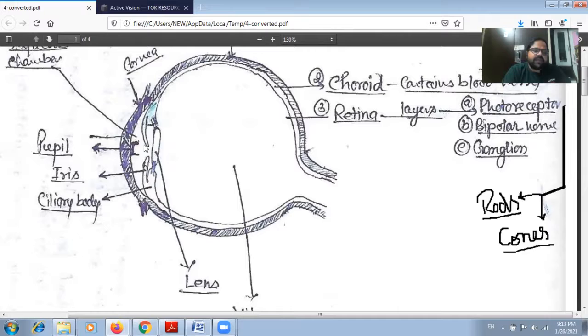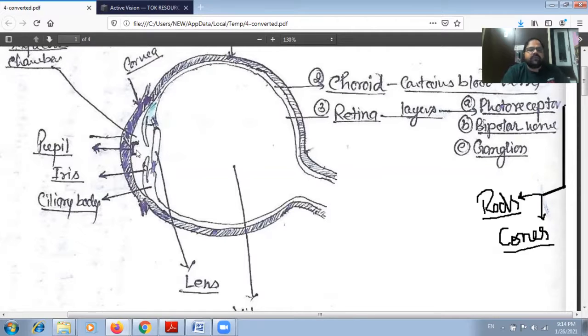This aperture is known as pupil, and this aperture is formed by the iris. When we see things, light comes on the retina through this lens, and on the lens it comes through this pupil.